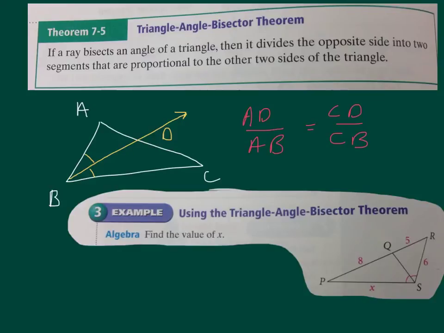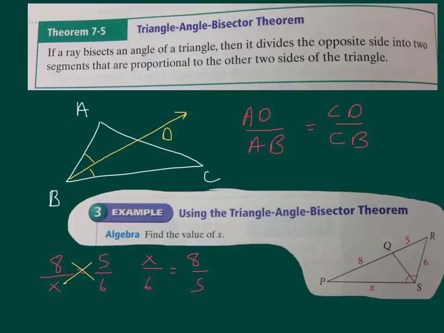Let's take a look at example 3 to see if we can better understand this. Alright, so SQ bisects angle PSR. So we can say 8 over x is going to equal 5 over 6, or we could say x over 6 is going to equal 8 over 5.